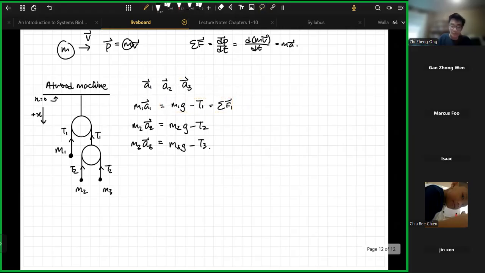Cool. So we're really close to getting what we want. However, we have these weird T1, T2, T3 terms. How do we take them away? One thing we can do right away is notice that T3 is just T2.